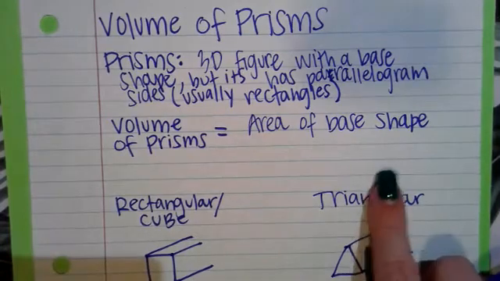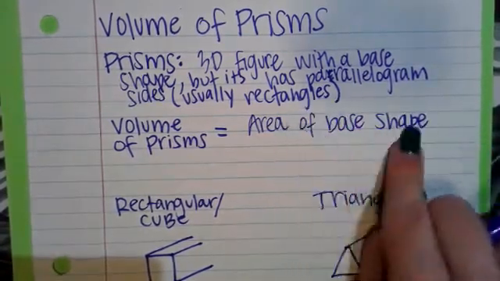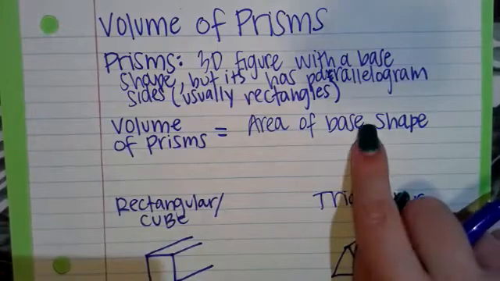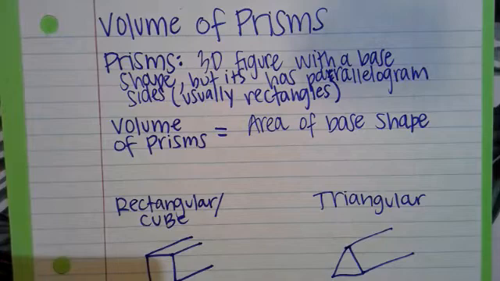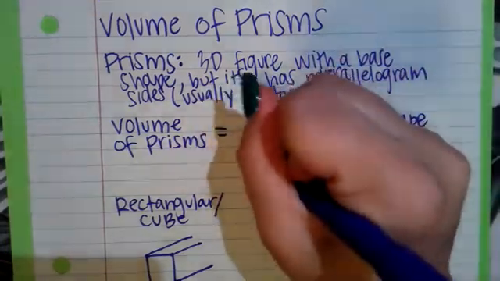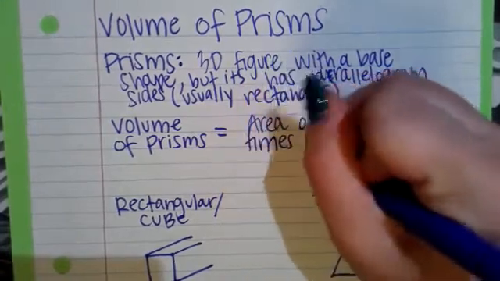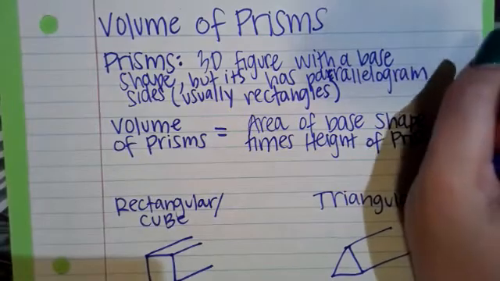So we take the area of the base shape, whatever that formula is. We've learned all the formulas for area of two-dimensional shapes. We take that and we multiply it times the height of the prism. So we're going to take the area of the base shape times the height of the prism.